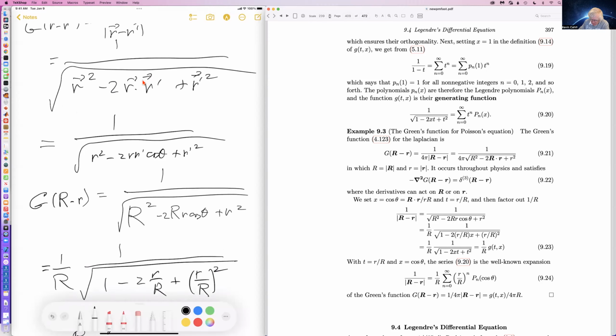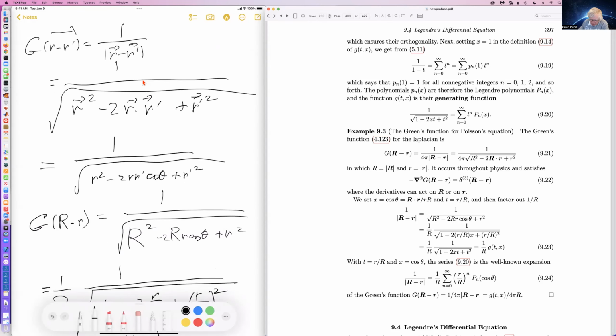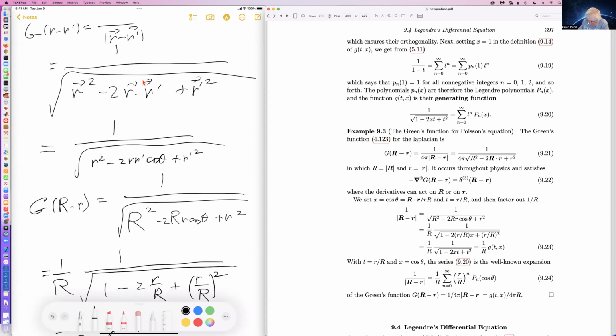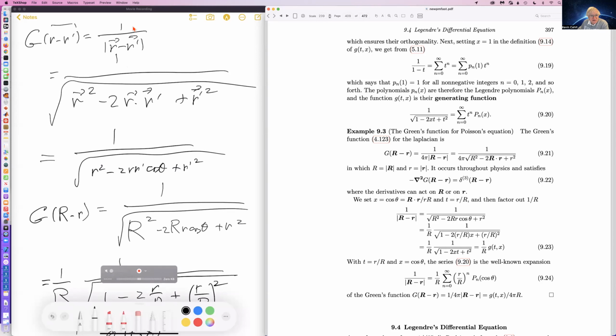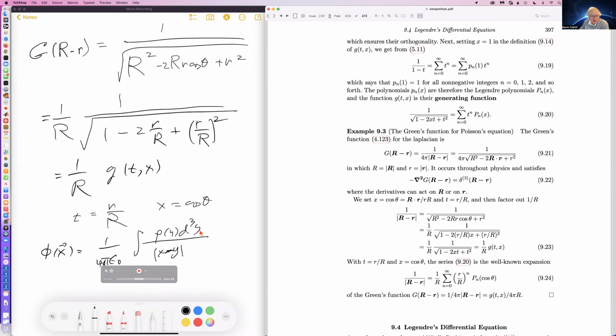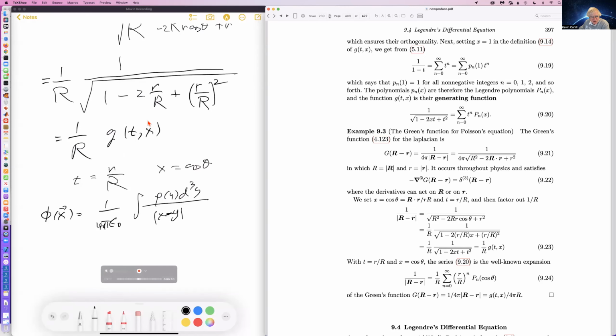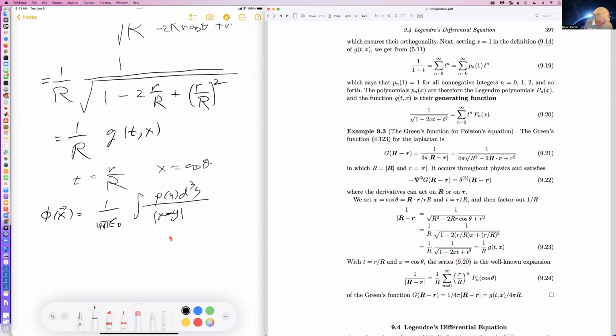I switched from r and r prime to x and y. Anyway, if we go back to r and r prime, we have this structure. Now if you let r be big and r prime be small, you have this structure here, and that gives you the generating function again. So that's why this is so important.